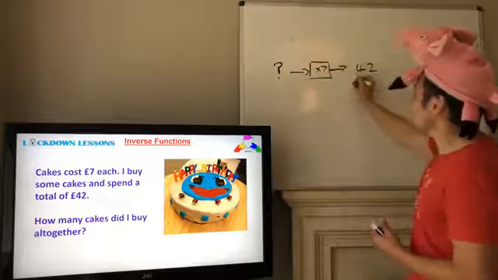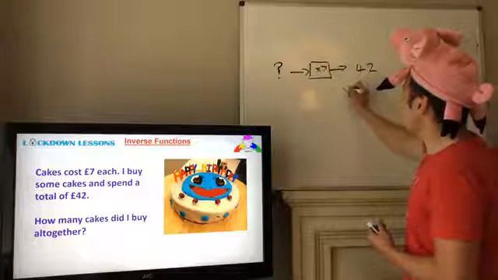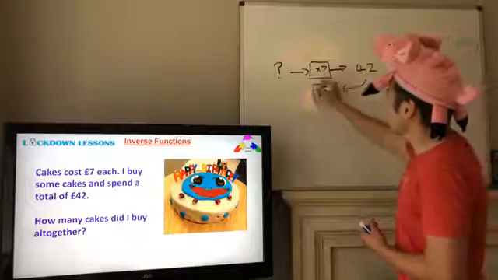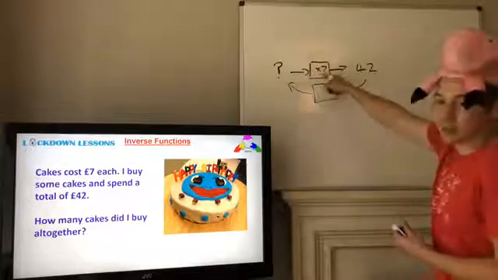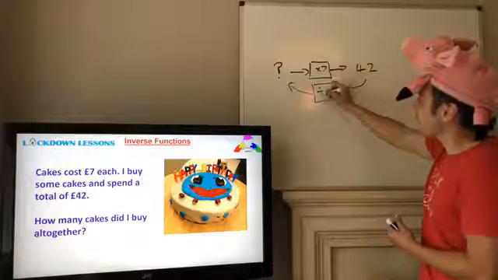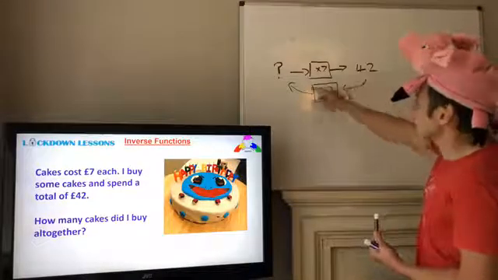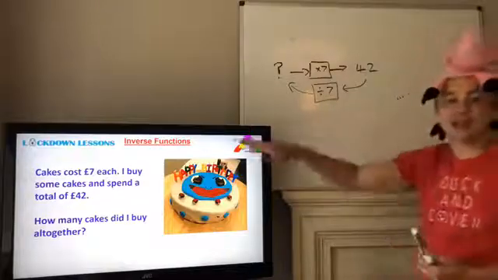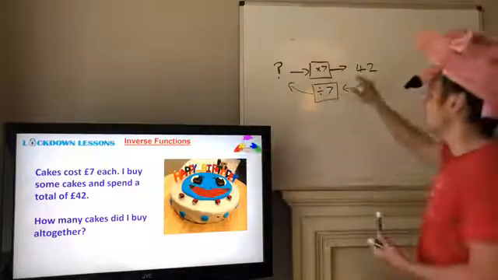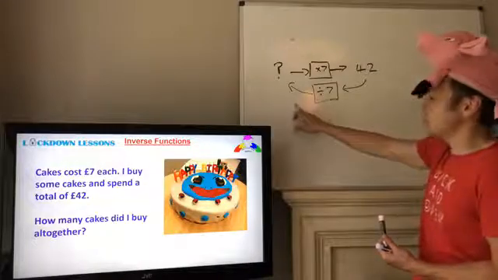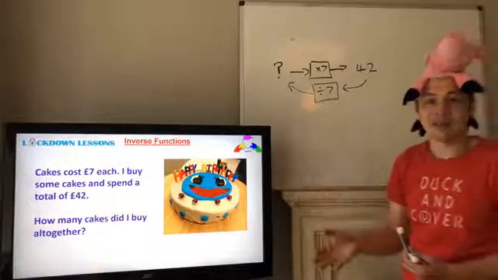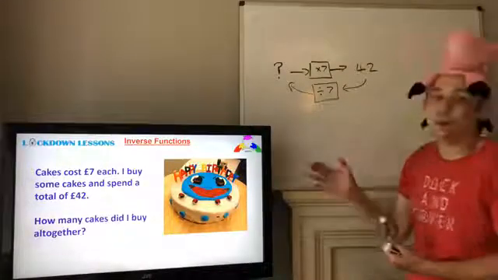Instead of timesing by 7, I'm going to work backwards. What's the opposite of timesing by 7? Dividing by 7. That is called an inverse. So to get from 42 back to the beginning, I'm flipping this function machine round and using the inverse operation to divide by 7 instead. That's a really important method.